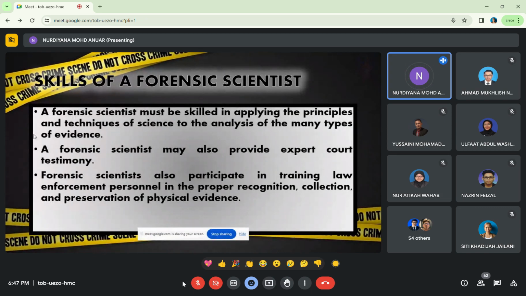So dia kiranya dia punya knowledge adalah knowledge turun-temurun. So tak semestinya knowledge turun-temurun ni betul 100%, tak semestinya ianya salah 100%. So bila forensic scientist bantu dalam train individu tersebut, tak adalah kesilapan yang mungkin berlaku yang boleh menjejaskan evidence dalam kes tersebut. Okay.